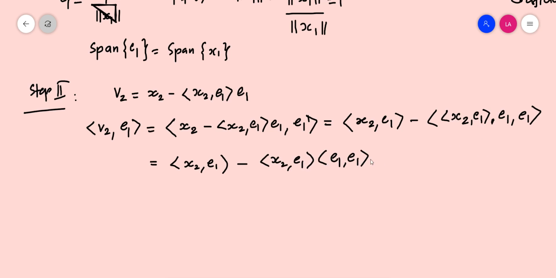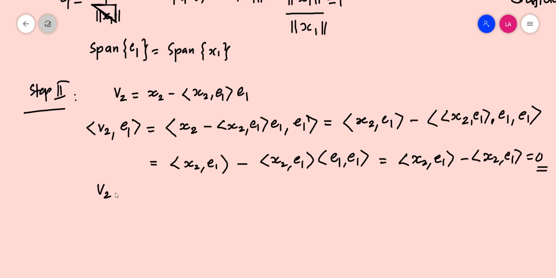Now inner product e1, e1 is norm e1 square, which we have defined to be 1. So this is inner product x2, e1 minus inner product x2, e1, which is equal to 0.